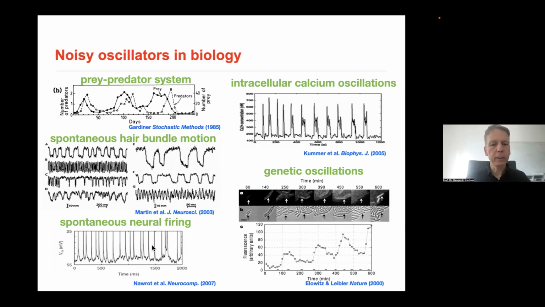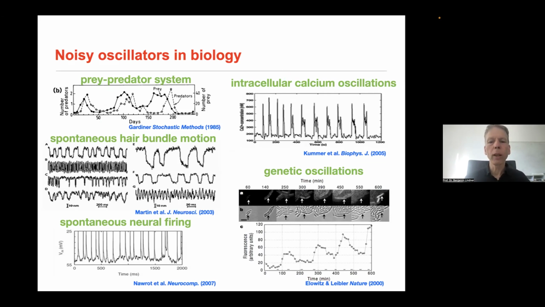Then, of course, there is the neural firing that can be also regarded as an oscillation, or noise-induced oscillation, in an excitable system. And here in the right upper corner, you have the intracellular calcium oscillation and genetic oscillations. So very, very different systems, with time scales ranging from tens or hundreds of milliseconds to hundreds of days.